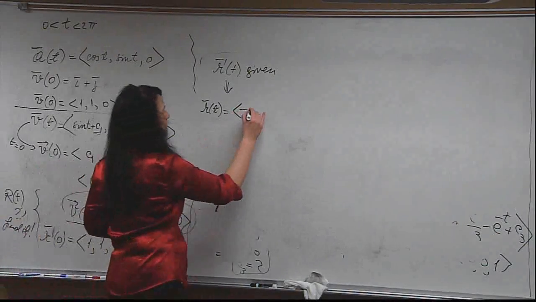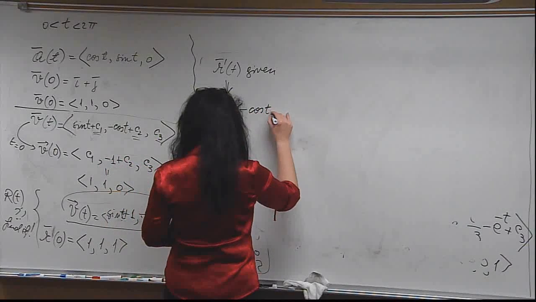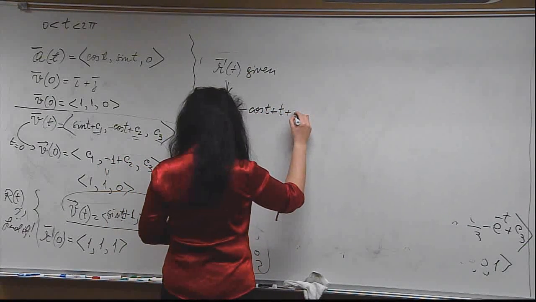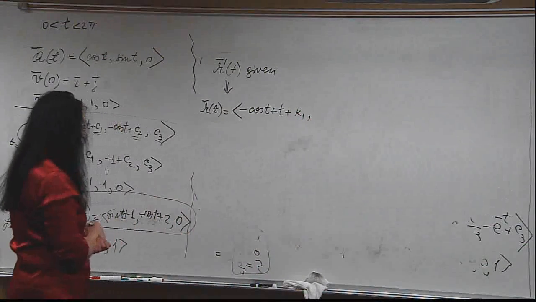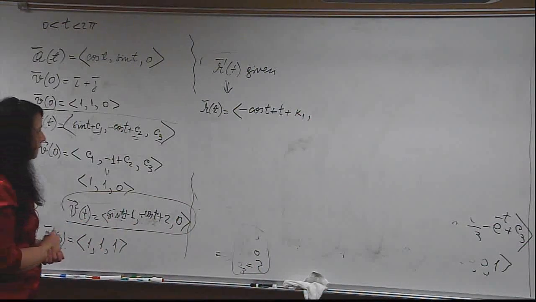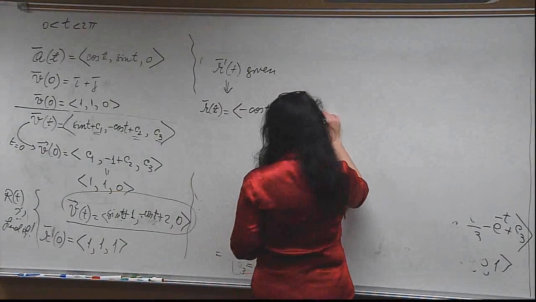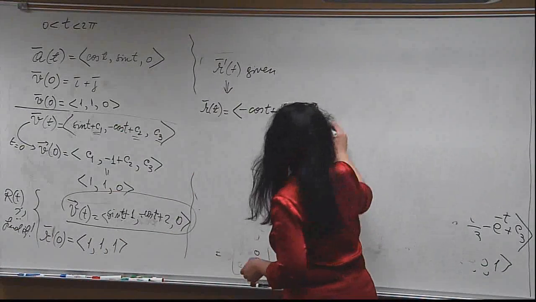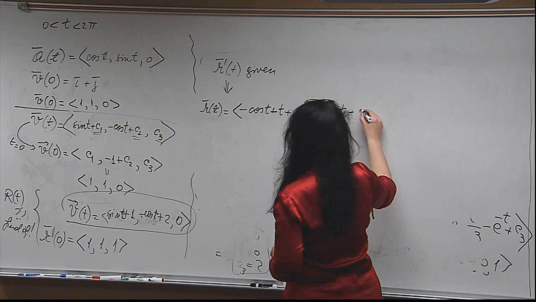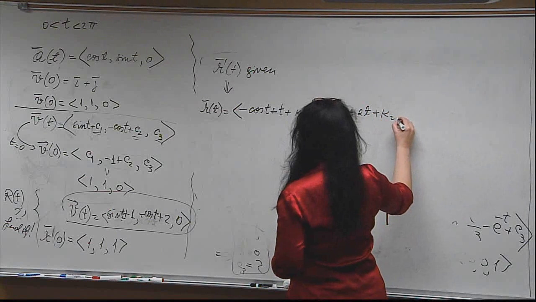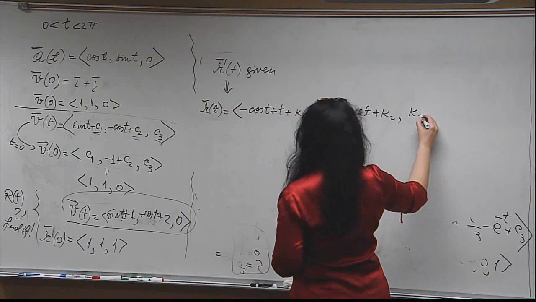Minus cosine t plus t plus, let's use the word k1 this time, the constant k1 of integration. And then what? Sine t. I think it's minus sine, right? Minus sine t plus 2t plus k2 and k3, right?